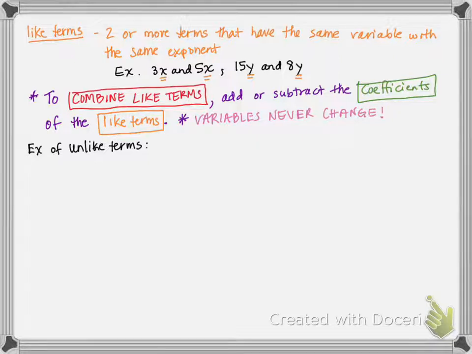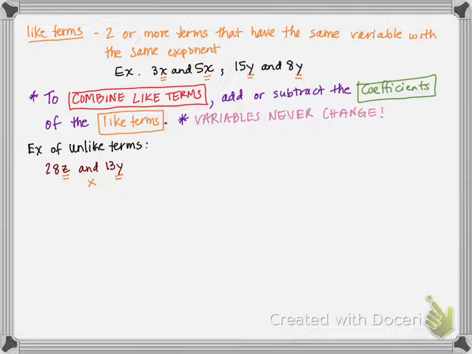So what's a little tricky is sometimes these look like they would be like terms. So we have 28z and 13y. Why are they not like terms? Well, because one has a z and the other has a y. All right, let's try another grouping.